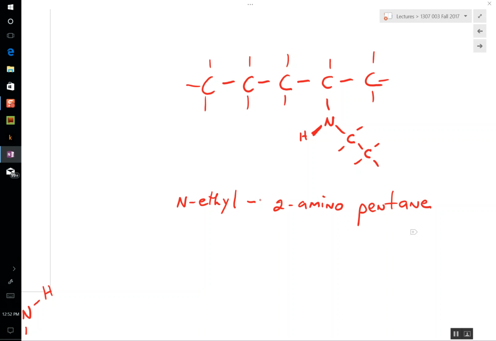I'm kind of scrambling this up a little bit, and I'm not actually really sure, but I'm pretty sure this is the way you would most commonly see this name. Why? Because the way we're writing it here is N-ethyl 2-amino. Where is the ethyl? It's on the amino. It's not on the pentane.